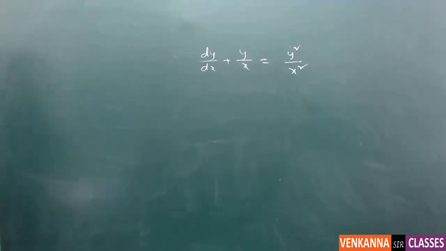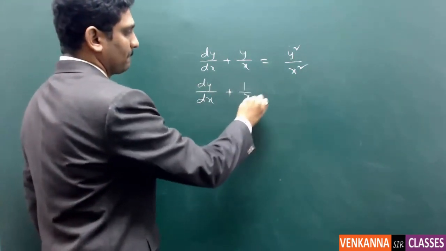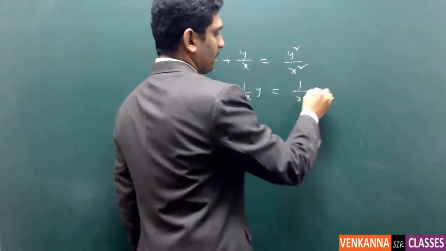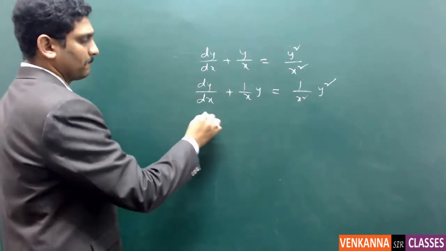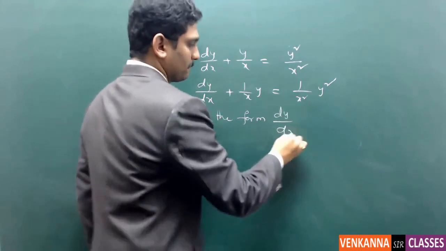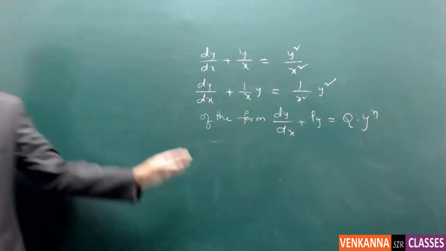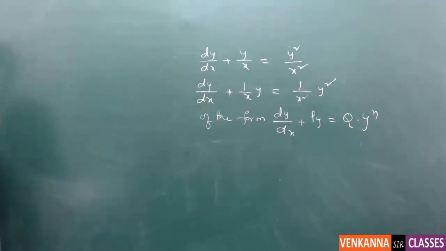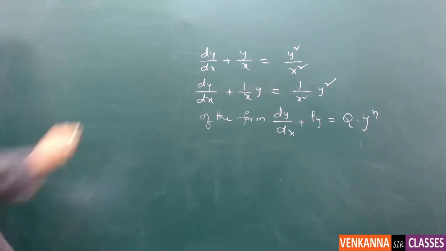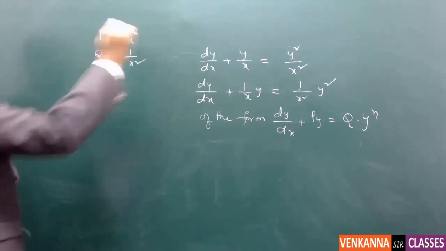Now I am going to write it as, so it is a Bernoulli equation. So please take a note of that. So here p is equal to 1 by x and q is equal to 1 by x square. Fine.